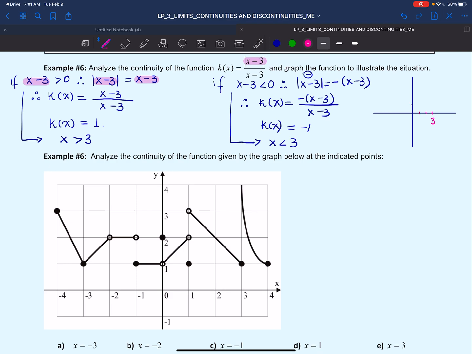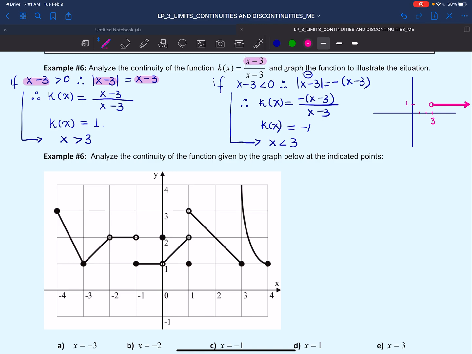So pretend that this is 1 here. This is the graph. It continues to infinity in this direction. We must have a hole at x equals 3.